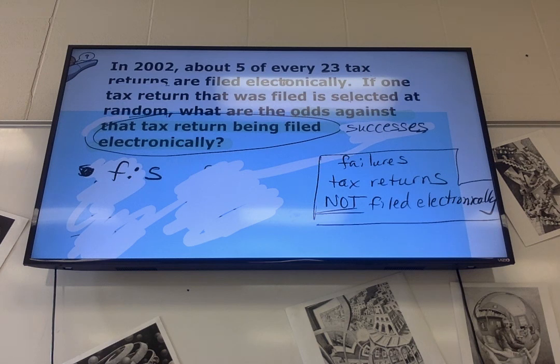It says 5 out of every 23 tax returns, so 23 is the total. To figure out how many failures there are, you just take 23 minus 5. So that's 18 failures, to successes. Now, how many were filed electronically? 5. So it's 18 to 5.